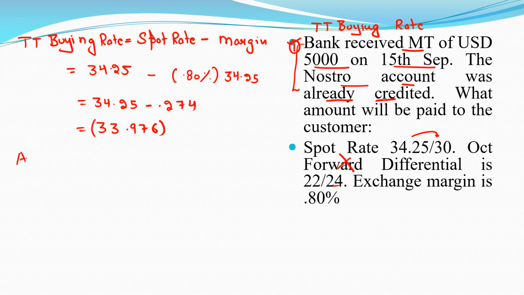The amount here is 5,000 USD, and 1 USD is equal to 33.976.